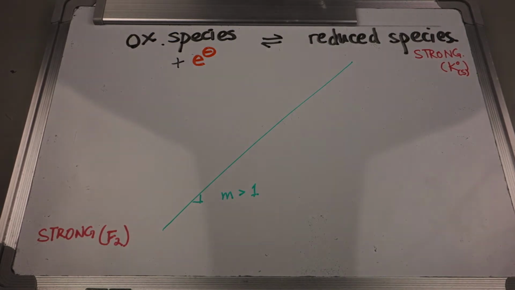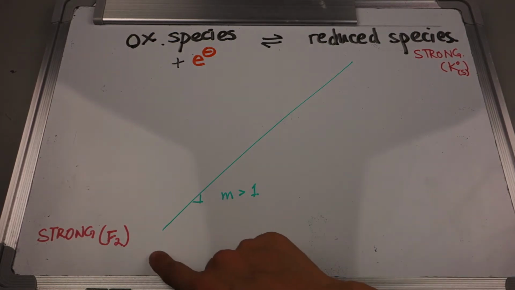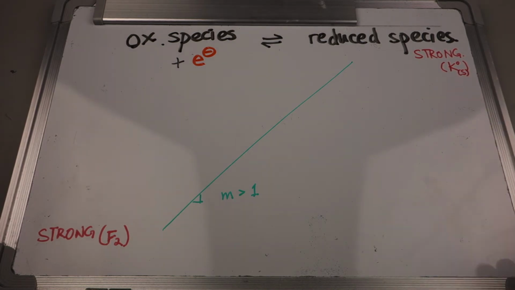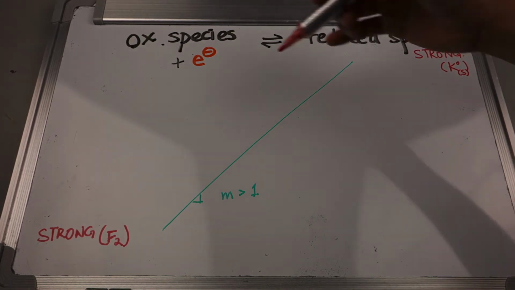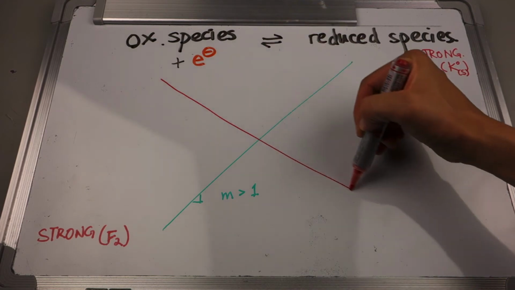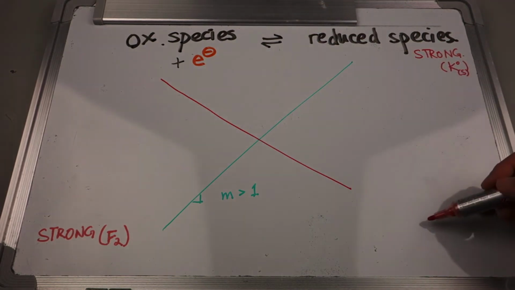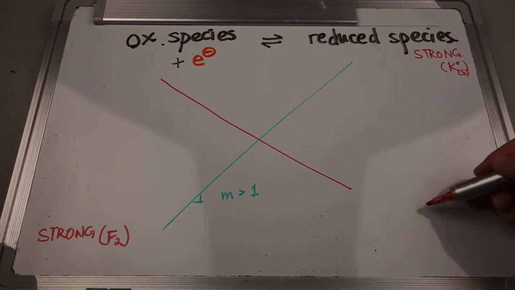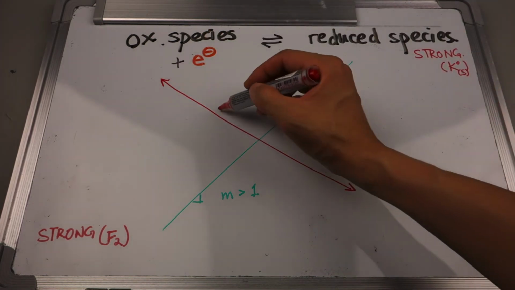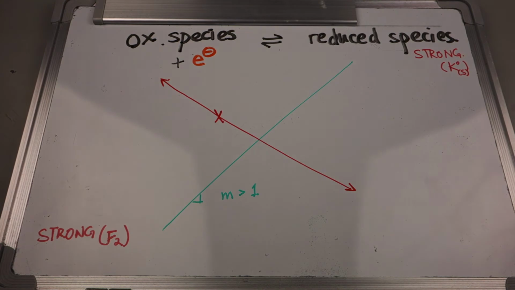When this happens, it suggests that this pair of reagents will be able to react. On the other hand, if you find that it's a weak electron receiver and also a weak electron donor, this pair of reactants would not have any reaction going on.